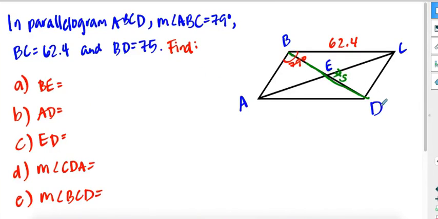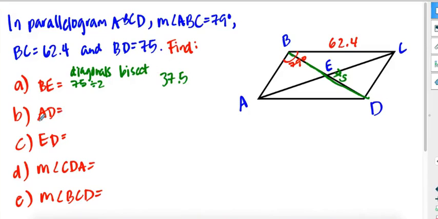Well, if B to D is 75, then B to E, since these diagonals bisect each other, I know it's going to be half of 75. So I take 75 and divide it by 2. Half of 75 is 37.5.